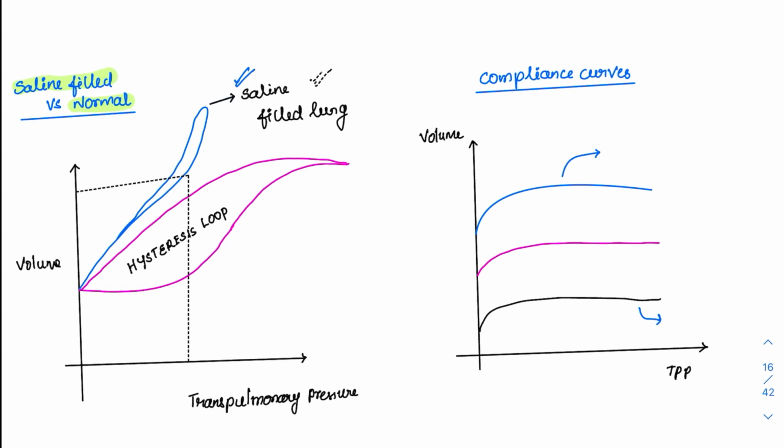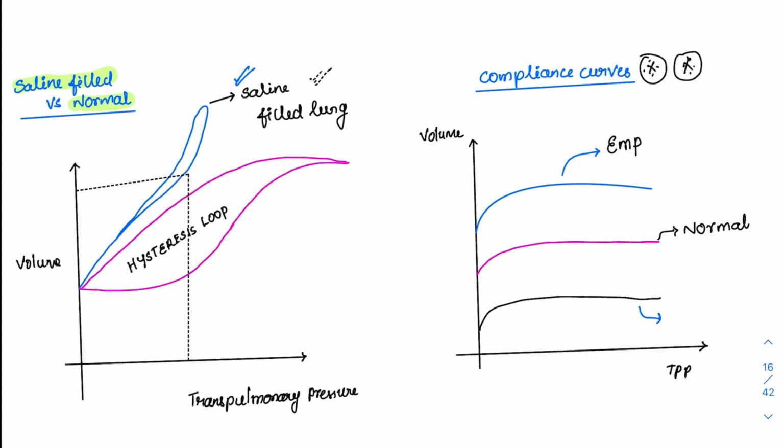At the same time, compliance curves were drawn for various disorders also, which is very, very important. This central one is a normal curve. We have drawn only the inflation and deflation part. Some lungs have increased compliance. Increased compliance means the distensibility is more and the person has a disease. This can happen in only one condition, that is emphysema.